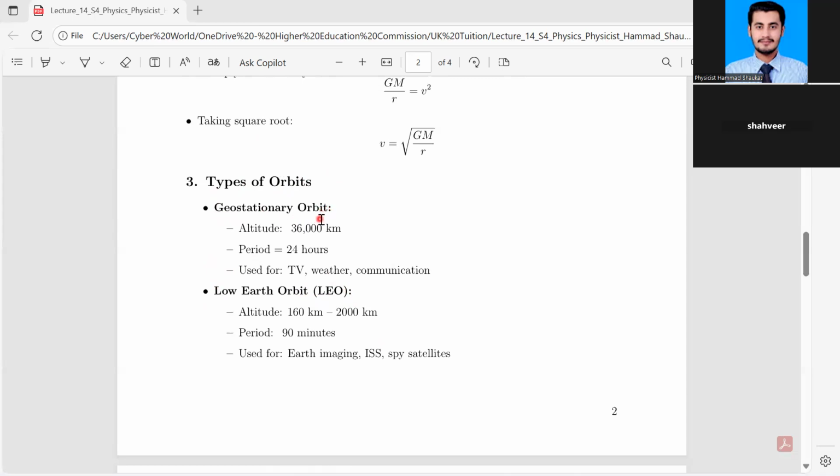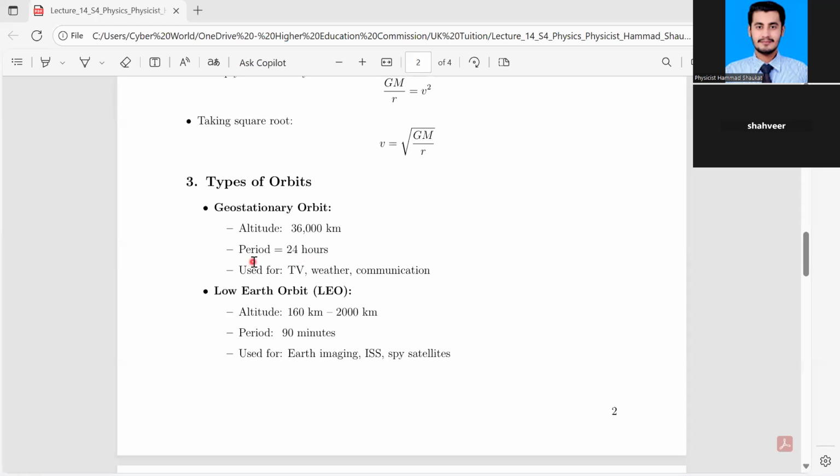What does geostationary orbit mean? Geostationary orbit is where the altitude is 36,000 kilometers. This is the altitude of the geostationary orbit. If some satellite is moving at this altitude, you can say the satellite is orbiting in geostationary orbit. And the period is 24 hours.